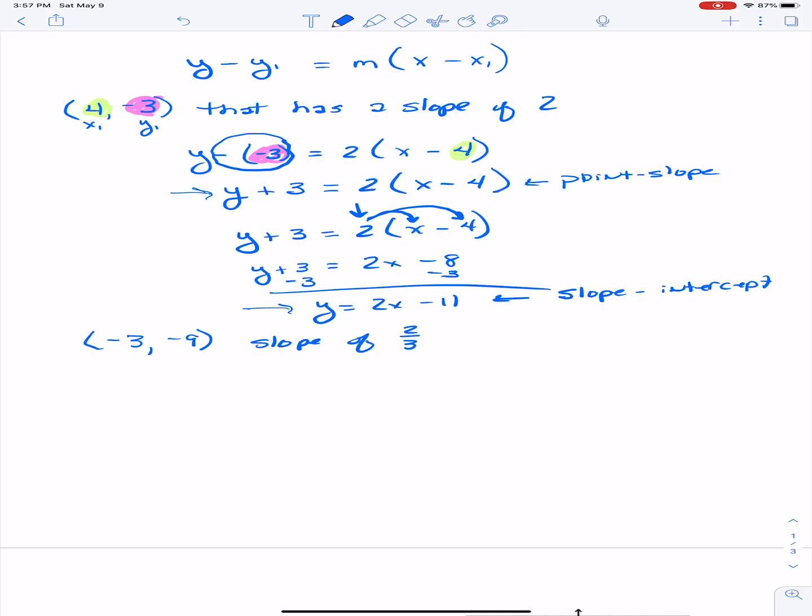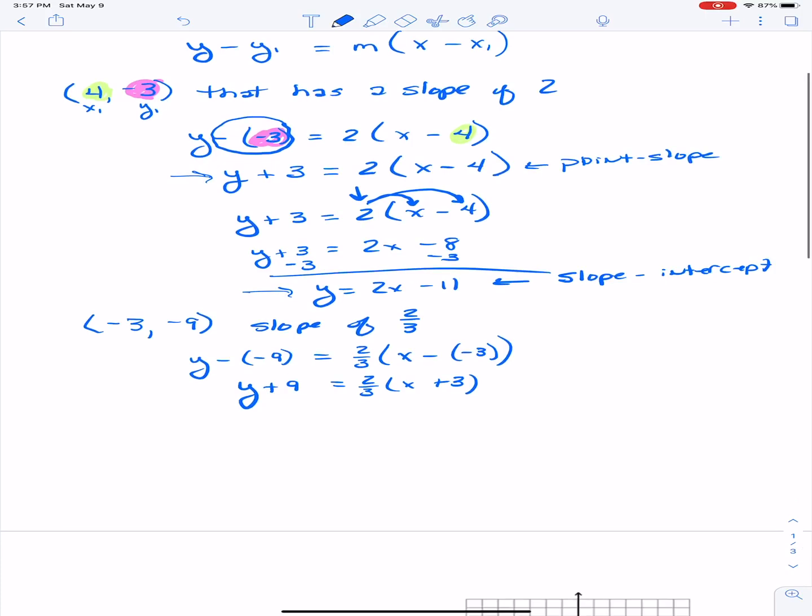So we're going to go ahead and write it in the point-slope form. So y minus -9 equals 2/3 times x minus -3. And now we need to simplify this. Y plus 9 equals 2/3 x plus 3. And that is the point-slope form.